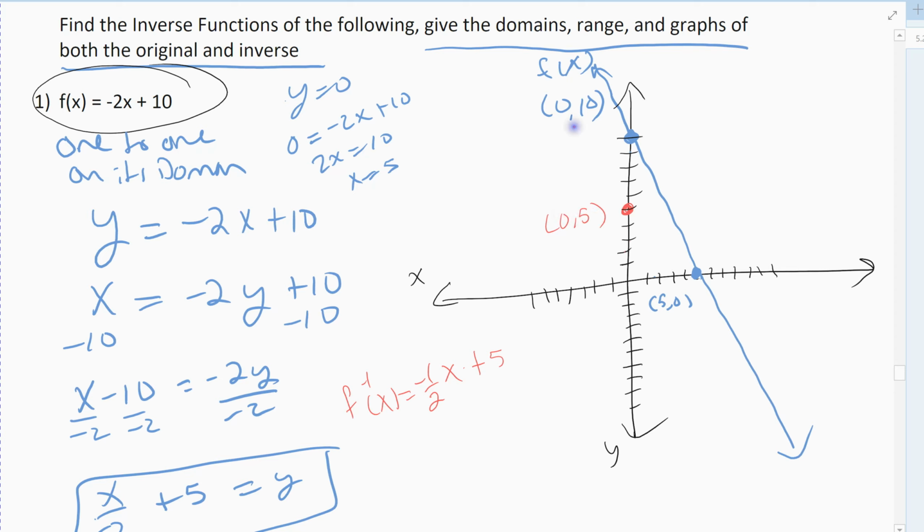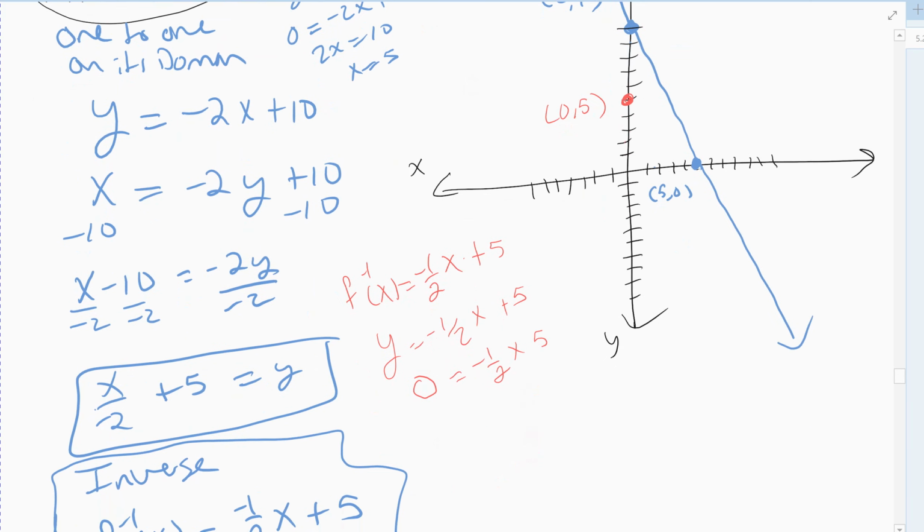And so the other check is, do I get 10, 0 out? If I plug in 0 for y, do I get 10 out? Alright, and I will, but I'm going to check and make sure I do. So I move my x term, so I get 1/2 x equals 5, multiplied by 2, and x equals 10, and so I do get 10, 0.